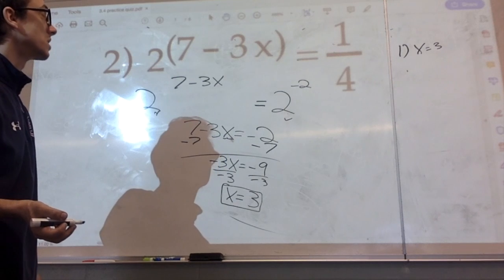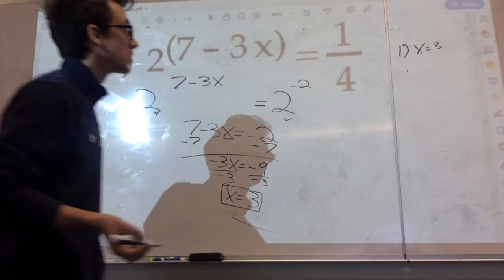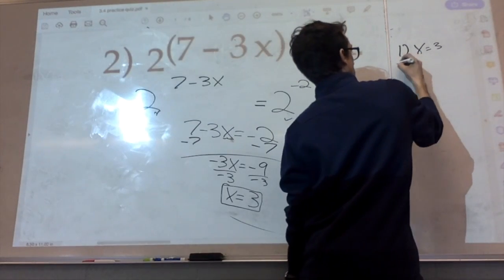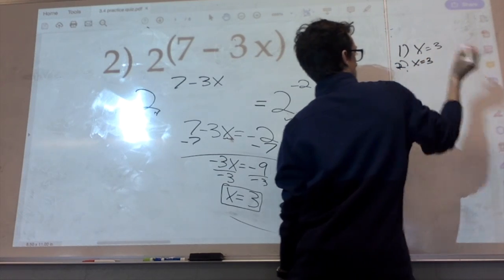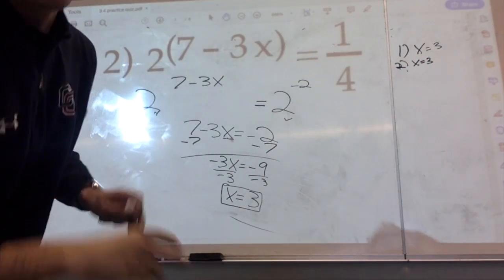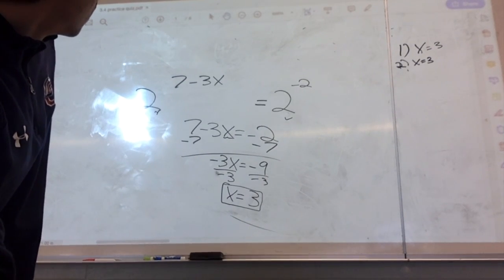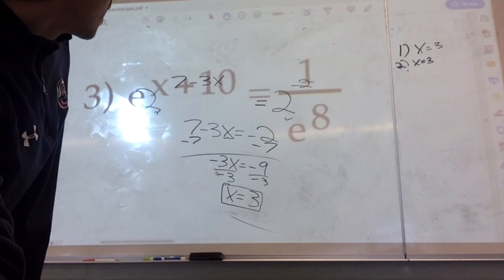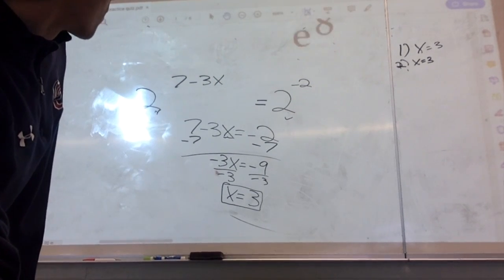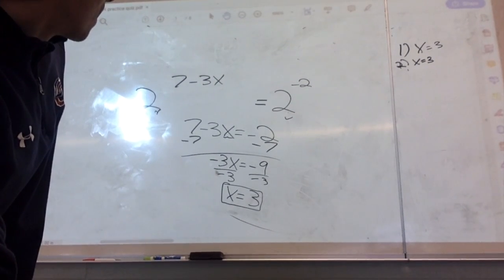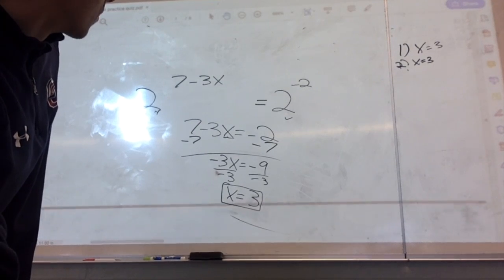We have x equals 3. It's all good in the neighborhood. So that's problem 2. Three is pretty easy, but I'm going to skip it. So let's see what's cracking with 4.